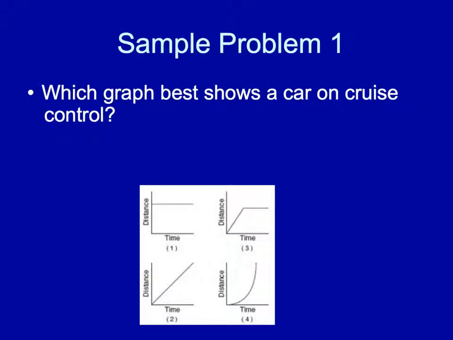Which graph best shows a car on cruise control? What's going to happen if you're on cruise control? Think about what cruise control does and see if you can practically guess. Write down your best answer for part of your homework.